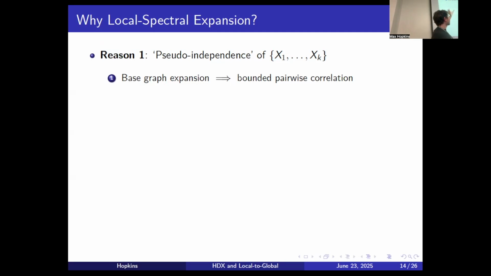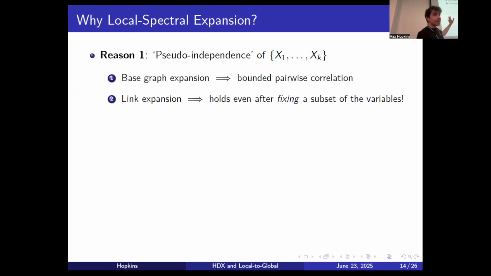So the first one, I sort of already mentioned how the base graph is capturing correlations in the complex, right? The weight of an edge VW is telling you how many times V and W appear together in the hypergraph. So this is capturing correlations, and saying this graph is an expander is telling me that I have bounded pairwise correlations. It's basically a notion of approximate pairwise independence of these k variables.